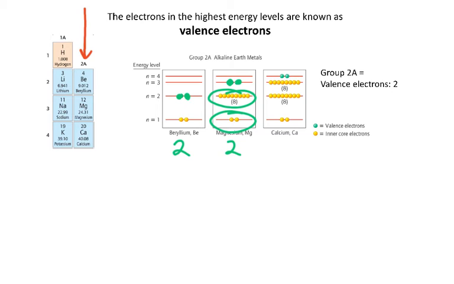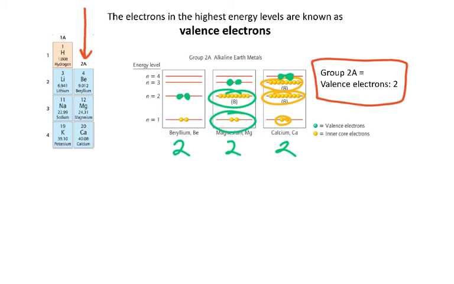So 2 valence. Calcium has 2 in n=1, 8 in n=2, 8 in n=3, and 2 more in n=4. So group 2A has 2 valence electrons.